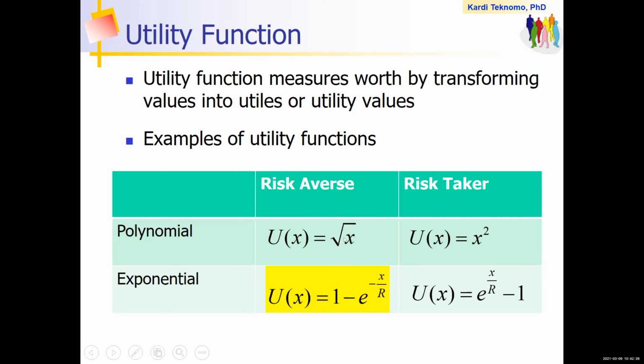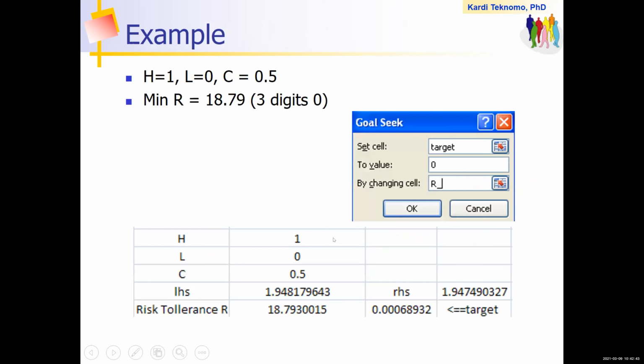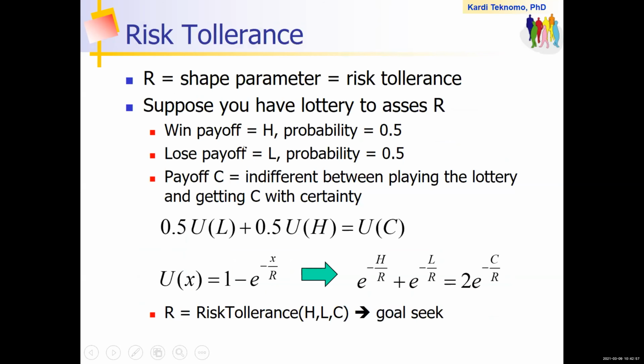Then you ask, how do I get the parameter r? The one that you just practiced a while ago. You get the parameter r by setting the high value, low value, and certainty. C in here represents the certainty. So if you know the win payoff, the lose payoff, and certainty C, then you can actually calculate the risk tolerance.